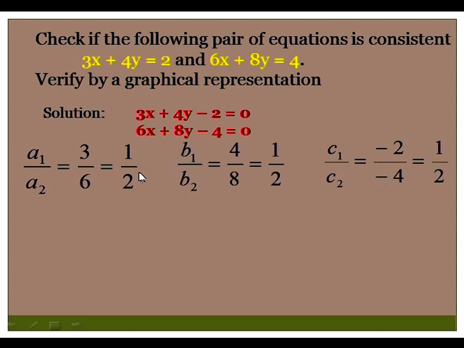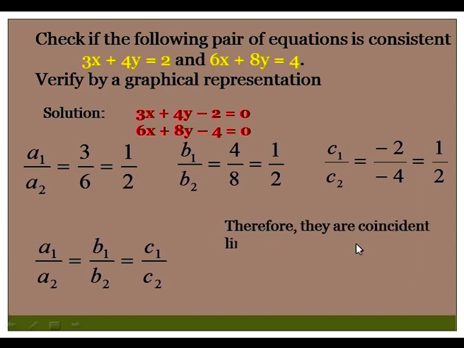What do we observe, children? We observe that A1 by A2, we got it as 1 by 2, B1 by B2, we got it as 1 by 2, and C1 by C2 also we get 1 by 2. So, A1 by A2 is equal to B1 by B2 is equal to C1 by C2. Therefore, they are coincident lines.